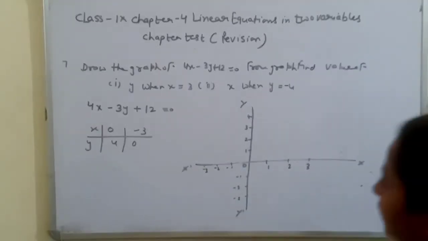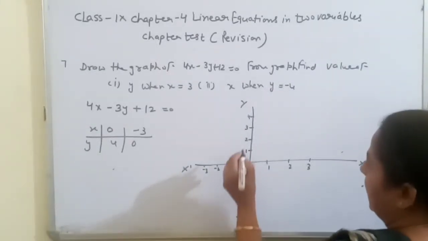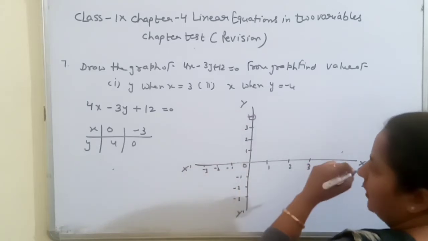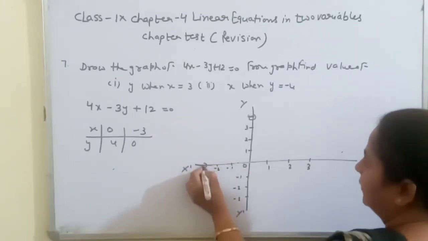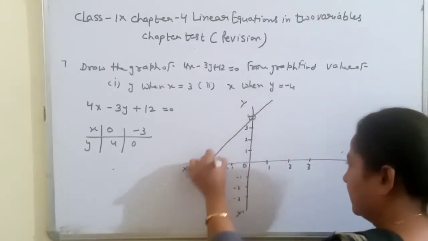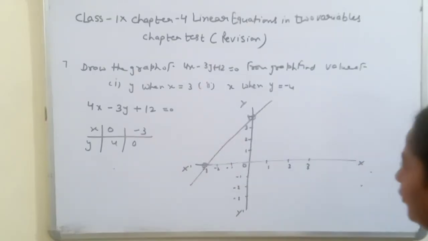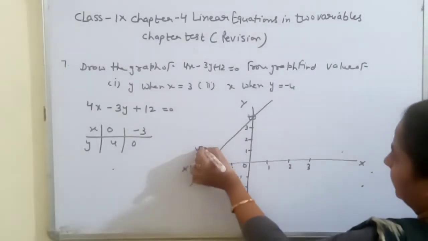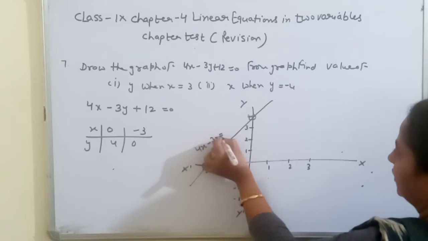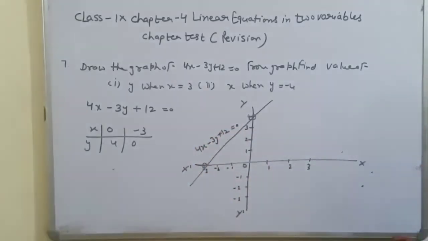Now the table is x 0, y 4, and y 0, x -3. So this is the straight line for the graph of 4x minus 3y plus 12 equal to 0. Now we have to find the value of y when x is 3.